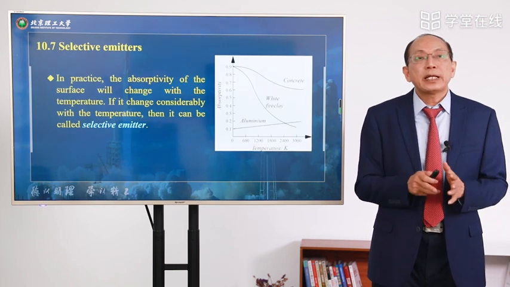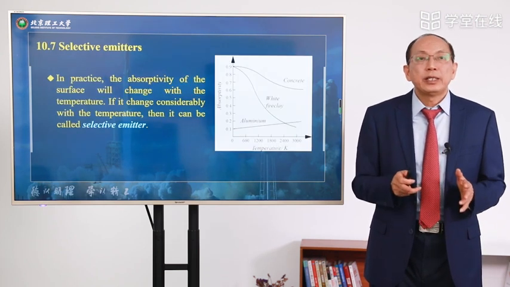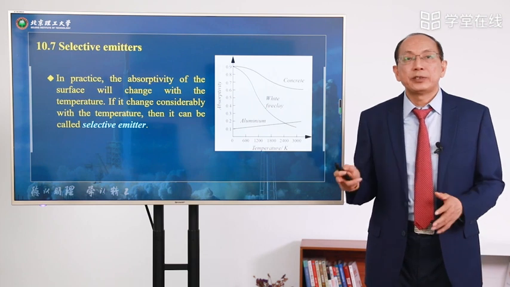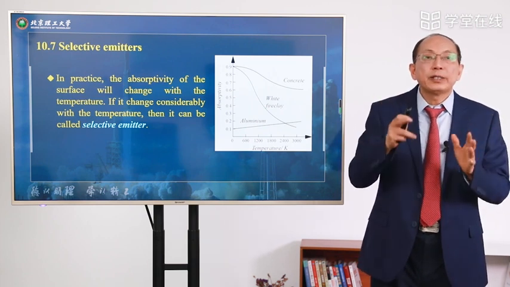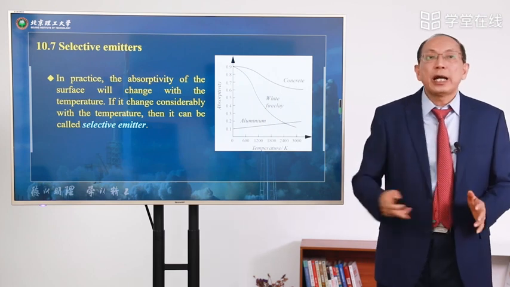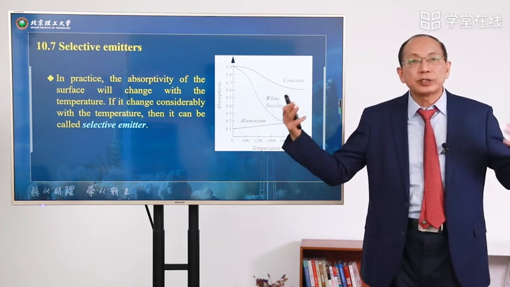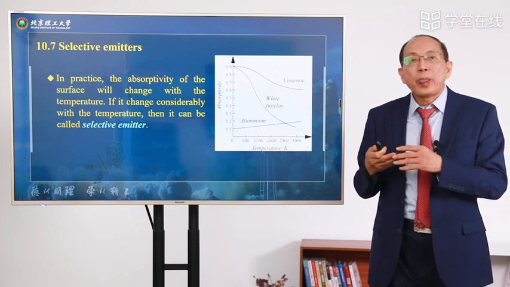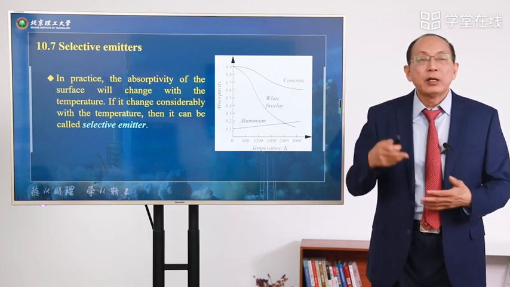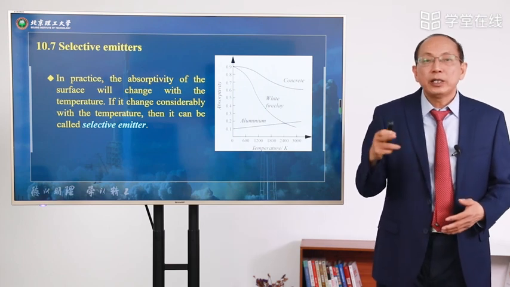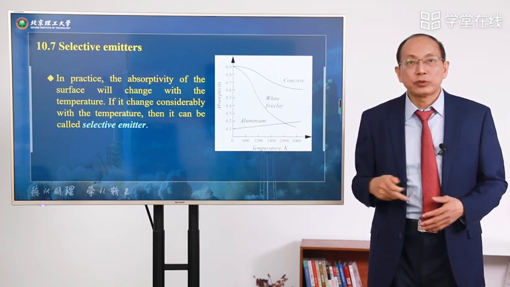Okay, section 7, selective emitters. As we know, when the source temperature and the receiving surface temperature are the same, the absorptivity and the emissivity are the same, just alpha equals epsilon.